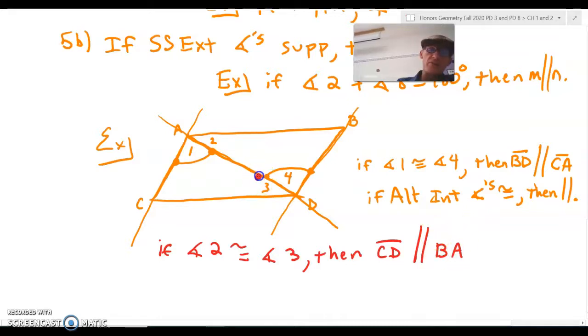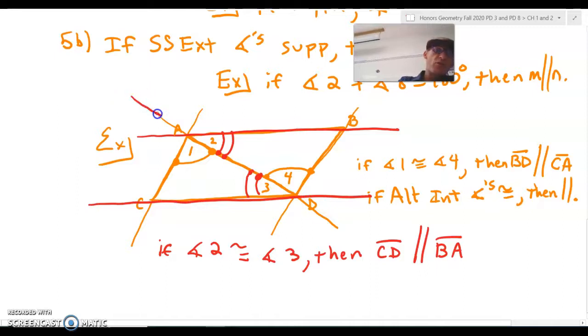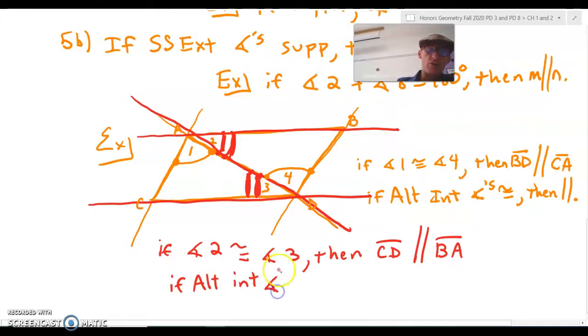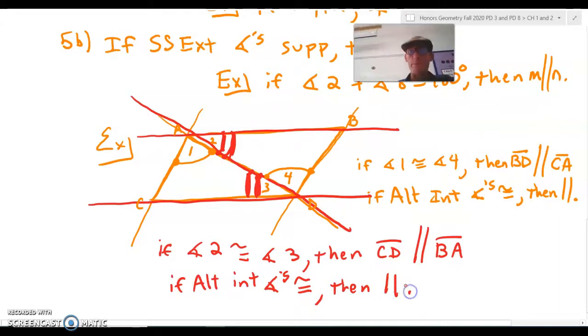And you can see that if 3 is congruent to 2, then AB is parallel to CD. Same transversal, just connecting two lines. Okay? Two different lines. So if the alternate interior angles congruent, then the lines are parallel.